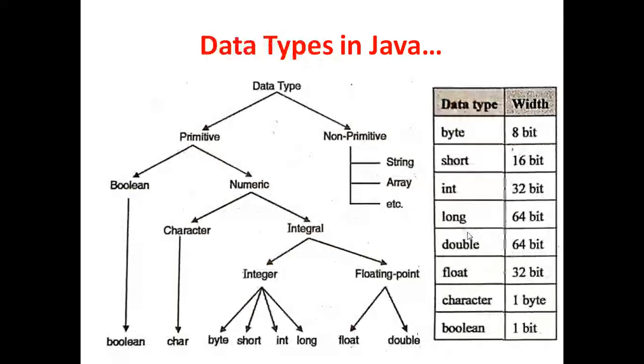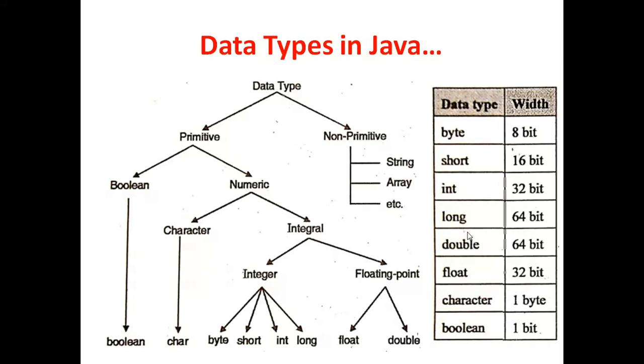Now, as we have seen in C++ or C language, in the same way we have different data types in Java, that is primitive and non-primitive data types. In primitive, we have Boolean and numeric.